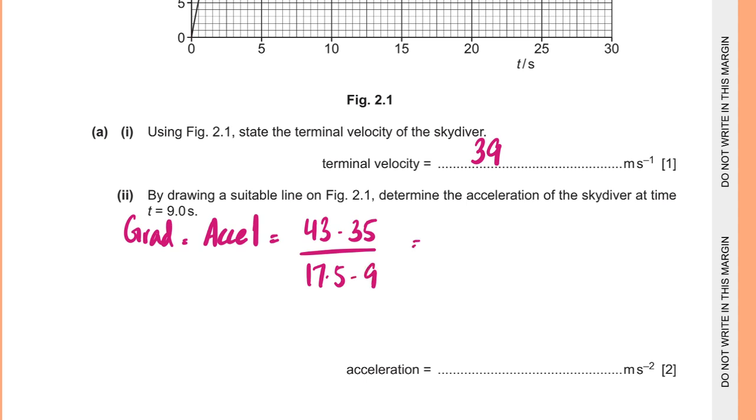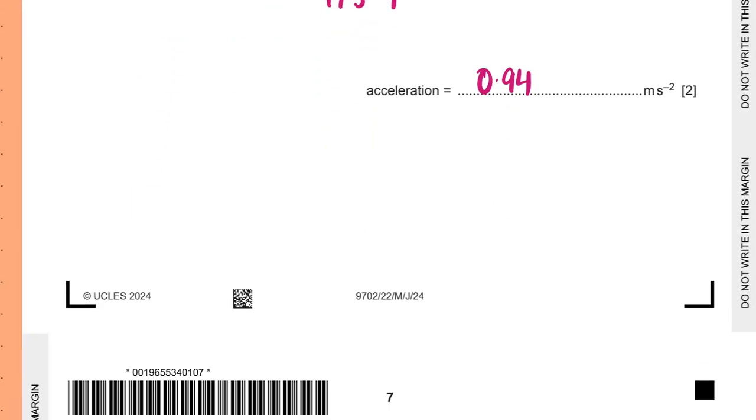So this turns out to be 0.9411, so 0.94 meters per second squared to 2 SF.